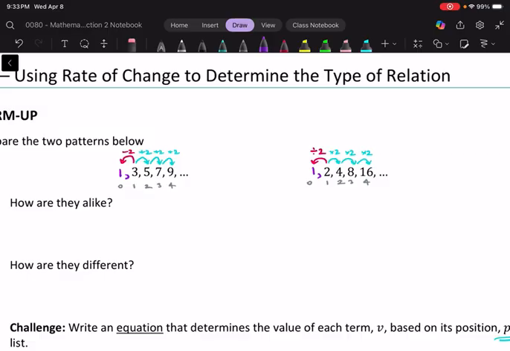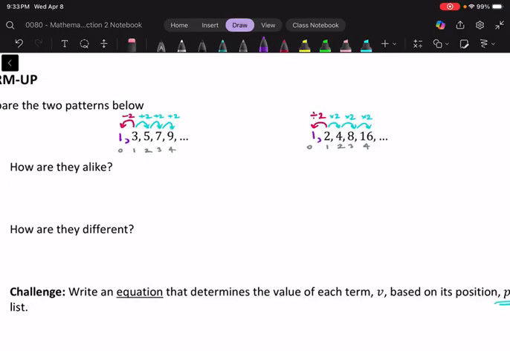So in comparing these, there's not a ton that they have alike, but the one thing they do for sure have in common is their initial value, or that zeroth term.